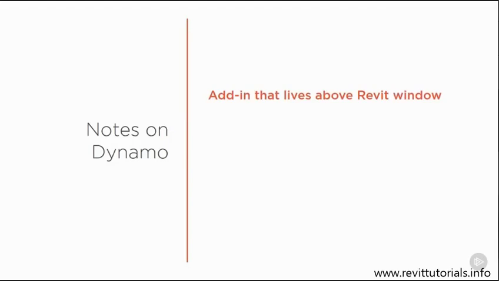Dynamo is an add-in. It's a separate window that lives outside of the Revit user interface. It's important to be aware that Dynamo is constantly updating. The developers are very active. It's an open source software, which means that even the users are generating new tools every day for use.